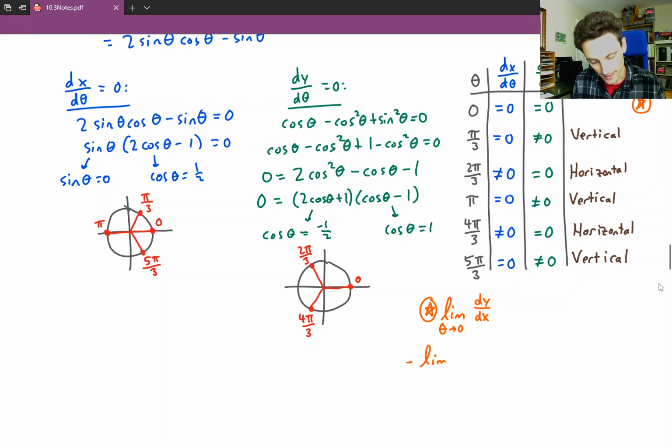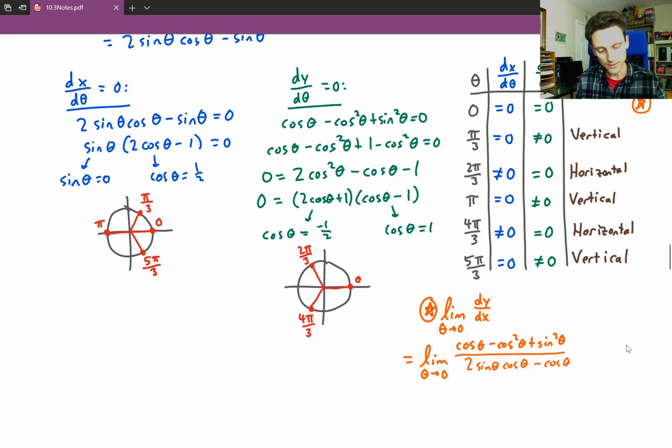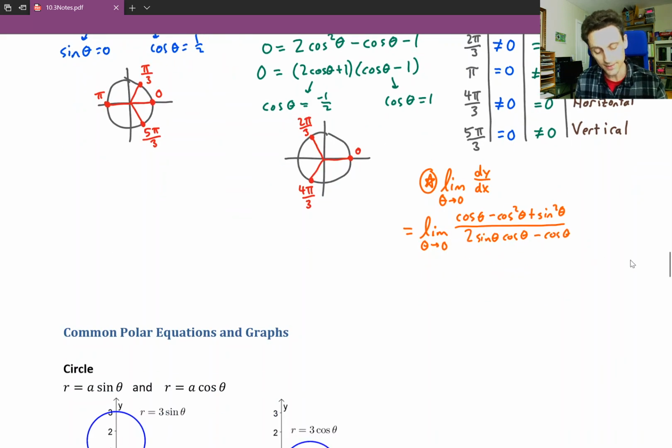Well, dy/dx is dy/dθ over dx/dθ. And dy/dθ we said was cosθ minus cos²θ plus sin²θ over 2 sinθ cosθ minus cosθ. So dx/dθ was the bottom of the fraction there.